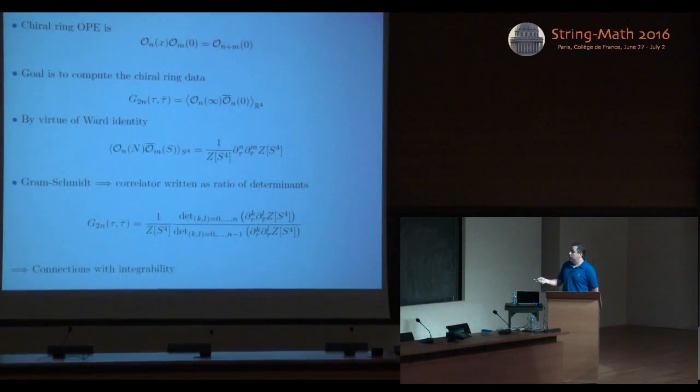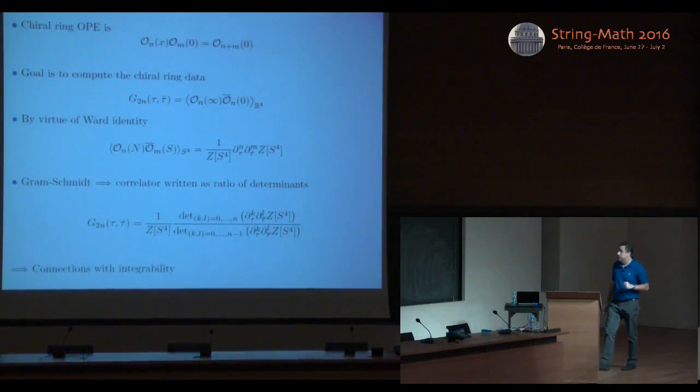Now, by virtue of the Ward identity that I described earlier, the 2-point function on the sphere is given by taking some tau and tau bar derivatives of the S4 partition function. Okay? And now, if you look at how the Gram-Schmidt procedure works, you can always write the norm of the orthogonal vector as the ratio of determinants of two neighboring subblocks in the Gram-Schmidt decomposition.